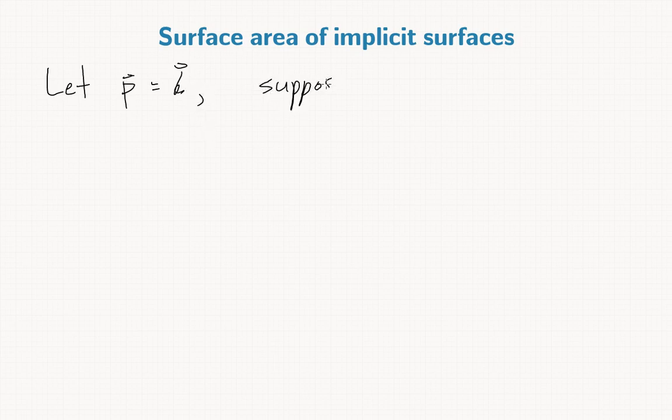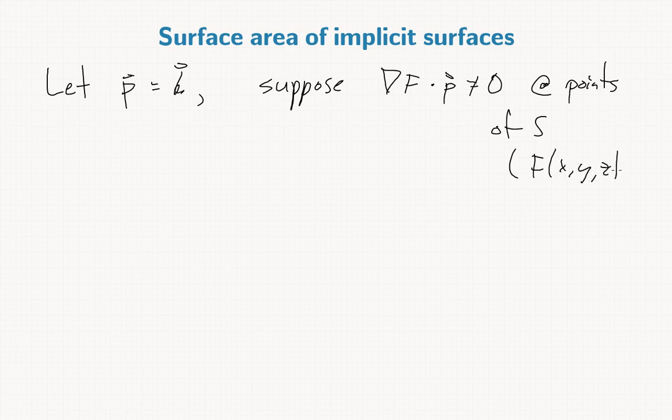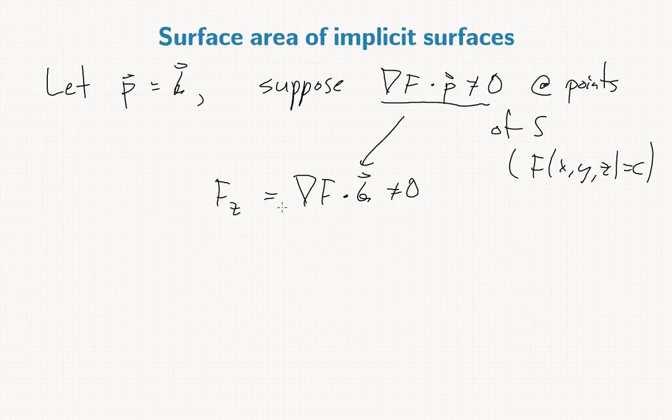And suppose that the gradient of f dot P is never 0 at points of S, meaning points where f of x, y, z is equal to C. So in our case, this means that del f dot K is not equal to 0, and that is the partial of f with respect to z.